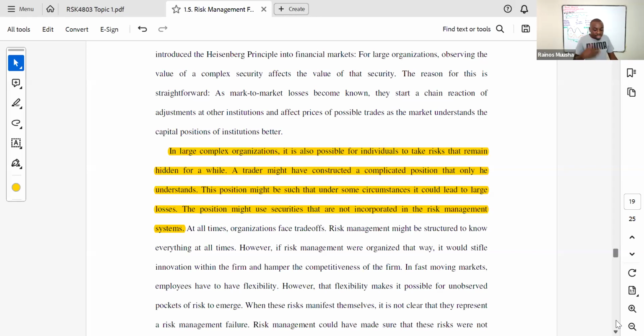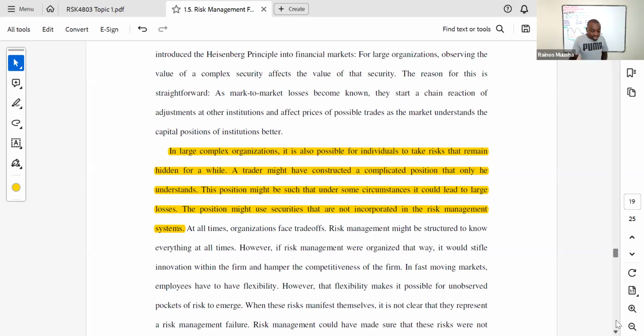The reason being that derivative instruments end up being too complicated. And the more complicated the position is, the less likely it is that whoever is supposed to be supervising this trader, to make sure that they remain within the allowed risk range, will understand, to say, based on this position that this trader has taken, are we still remaining within the risk range?